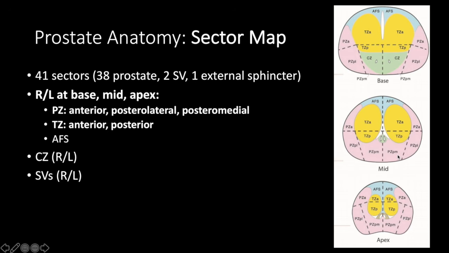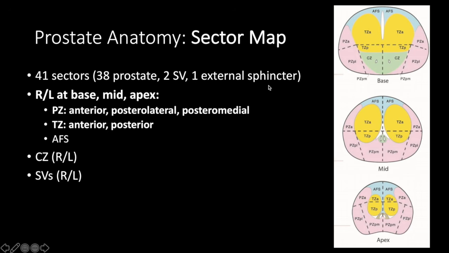And the PZ is split into the anterior, posterior lateral, and posterior medial at each level of the base, the mid, and the apex. And of course, you're going to have these on each side, so on the right and on the left. You also have your anterior fibromuscular stroma here in blue at each of the base, the mid, and the apex. And then you have your CZ or central zone here as well on each side.